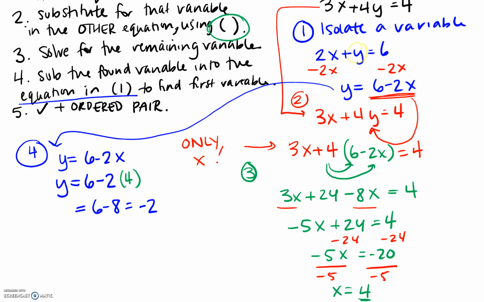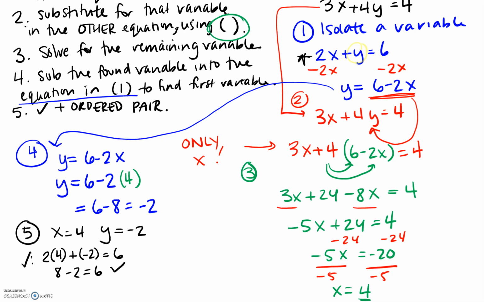So we are now almost to our final step. We found that x is equal to 4 and y is equal to negative 2. Our last step would be to check our work. So we can plug into both of our equations. 2 times 4 plus our y, negative 2, is equal to 6. That was the original equation, 2x plus y is equal to 6, which is true.